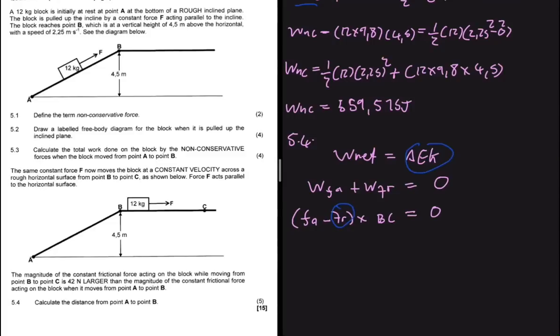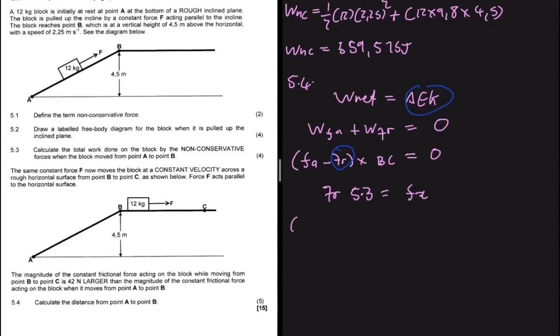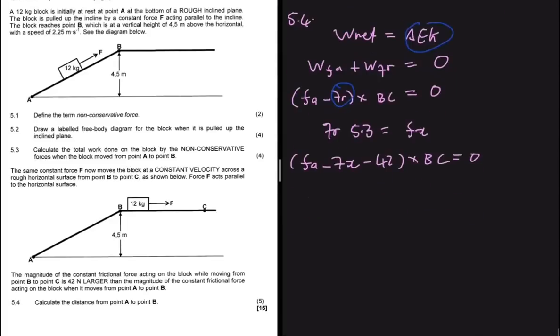So if we let the frictional force in 5.3 be equal to Fx, then Fa minus Fx minus 42, multiplied by BC, equals 0.